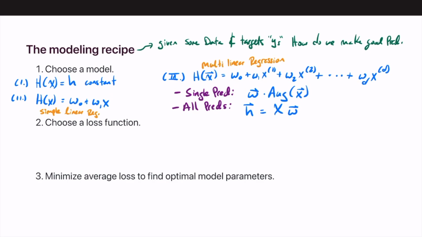Next, once we decided which model we wanted to use, we had to pick a loss function. And we looked at several loss functions.